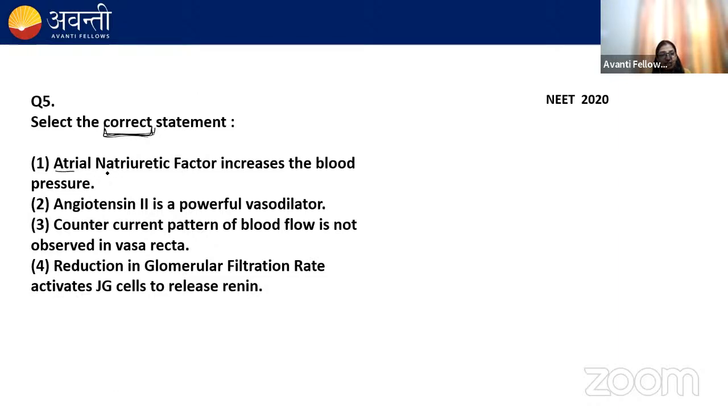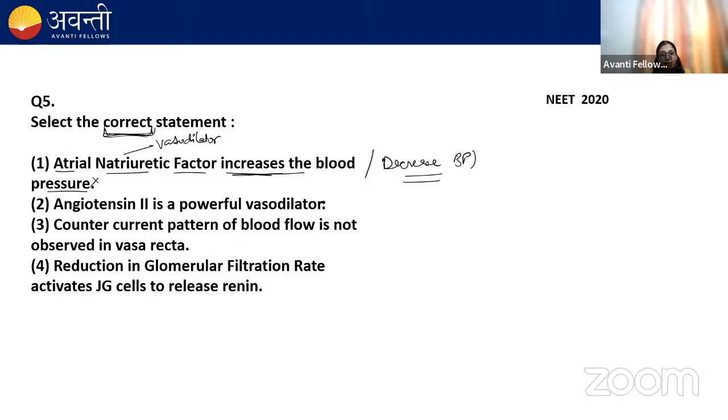First is the atrial natriuretic factor increases the blood pressure. No, this acts as a vasodilator. Remember, it acts as a vasodilator and it is released by the walls of the heart. So it decreases or lowers the blood pressure. So first is wrong.